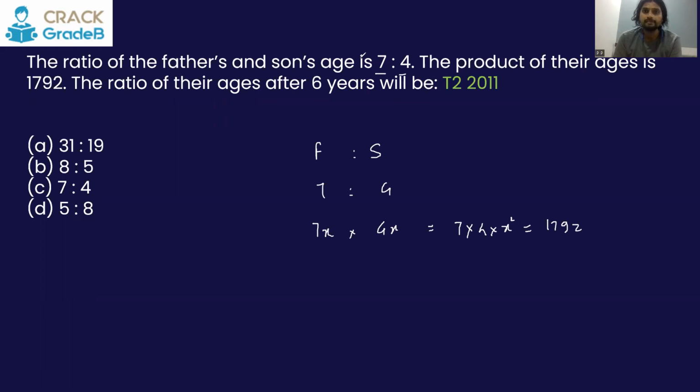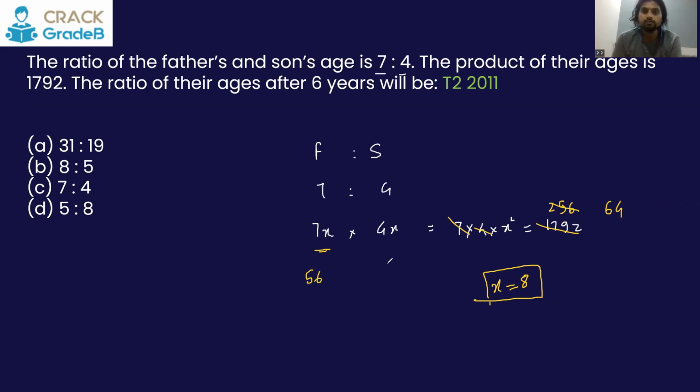If you divide this by 7 first, 7 times 2 is 14, 7 times 5 is 35, 7 times 6 is 42. Then divide by 4: 4 times 6, 4 times 4. That means x will be equal to the root of 64, that is 8. So father presently is 8 into 7, 56.